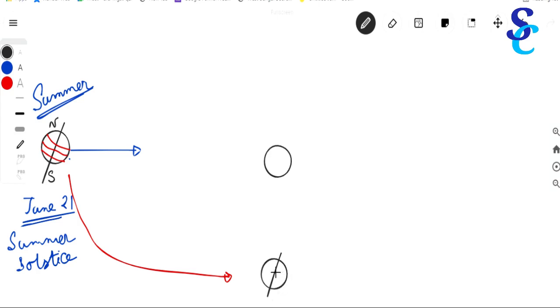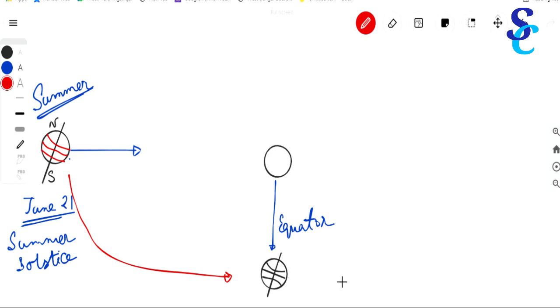When the earth comes to this position, the equator of the earth faces the sun, that is, the sun rays fall directly on the equator. That means at this point of time we will have neither summer nor winter.